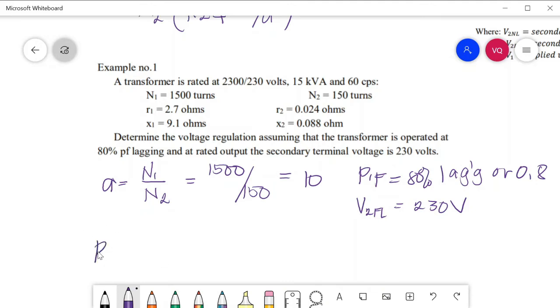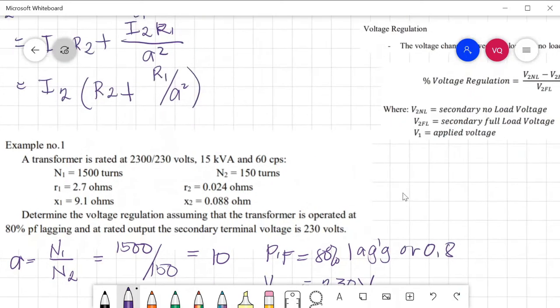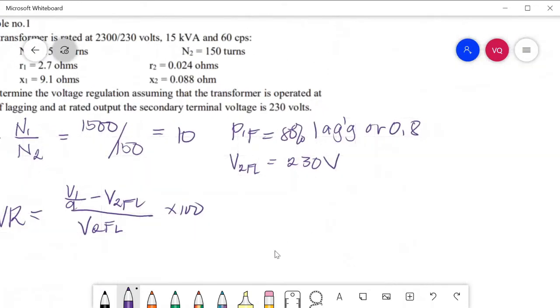Okay, so our working equation will be percent voltage regulation equal to V1 over A minus V2 full load divided by V2 full load times 100.